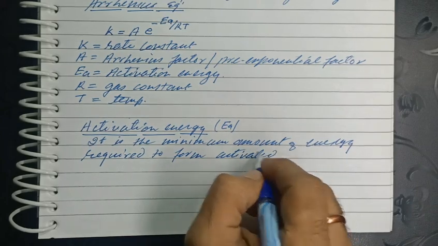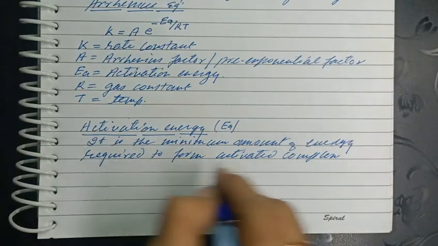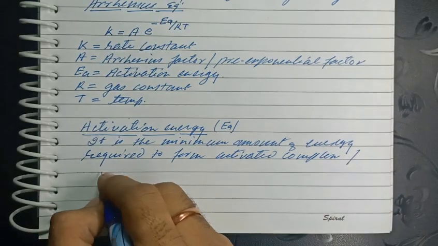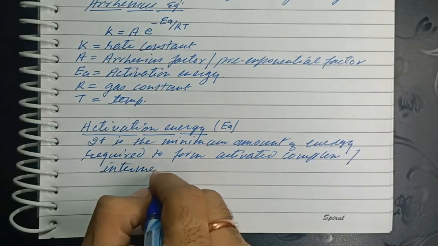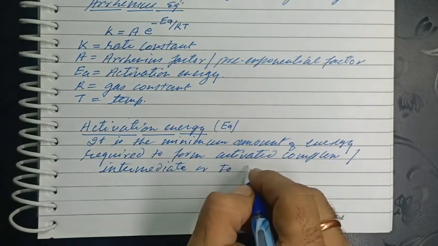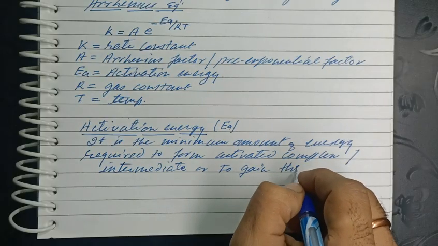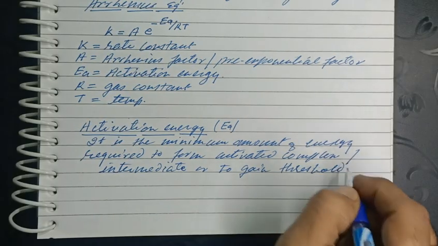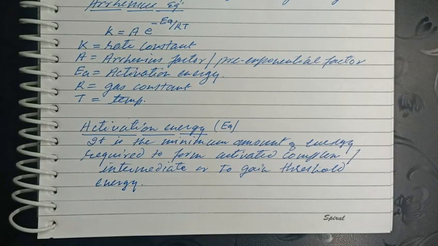Activated complex means intermediate. Or to gain threshold energy. Threshold energy is the minimum energy required to form product.